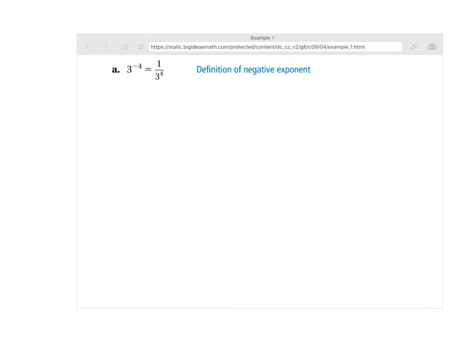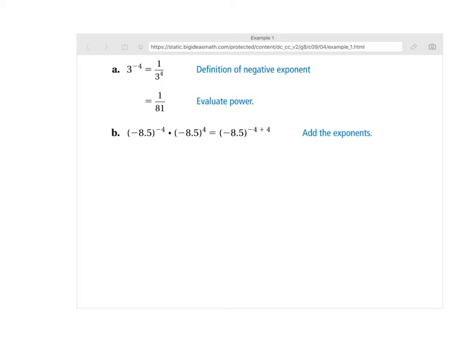So 3 to the power of negative 4, you would just rewrite as 1 over 3 to the positive 4. And then you simplify that. 1 goes on top, and 3 times 3 times 3 times 3 will give you 81. So the answer to 3 to the negative 4 would be 1 over 81. Okay, so negative exponent, just put it underneath a 1.